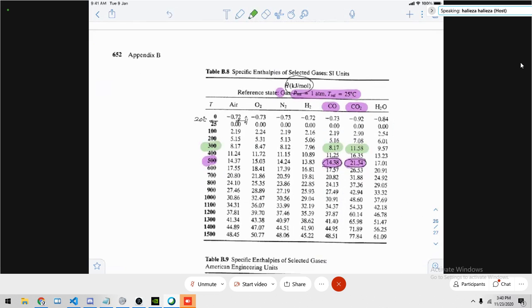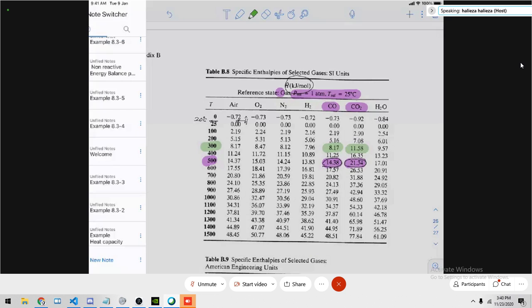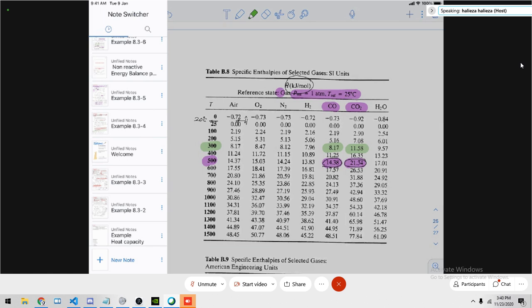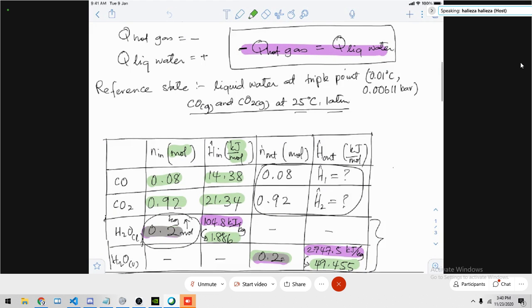These are the corresponding enthalpies. Please help me take note of the enthalpy for both components, carbon monoxide and carbon dioxide, because I'm having a problem going back and forth. It will save us some time.